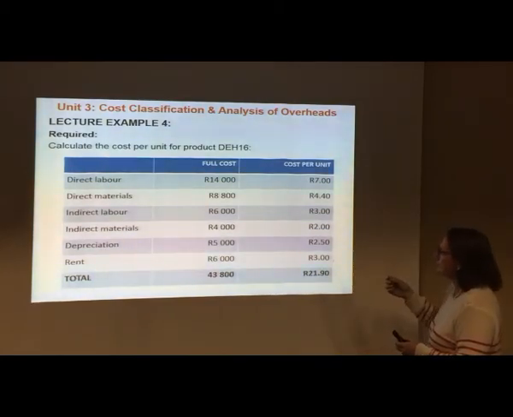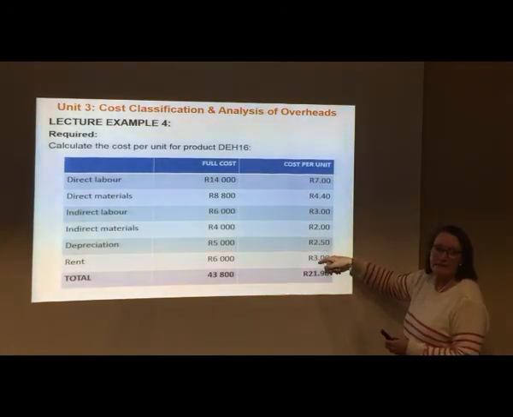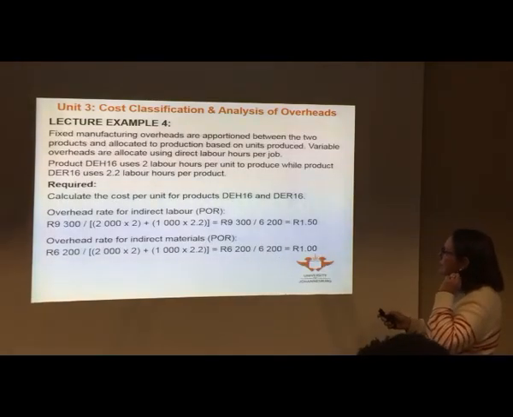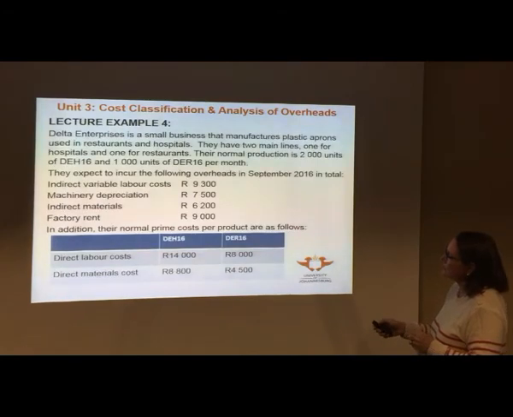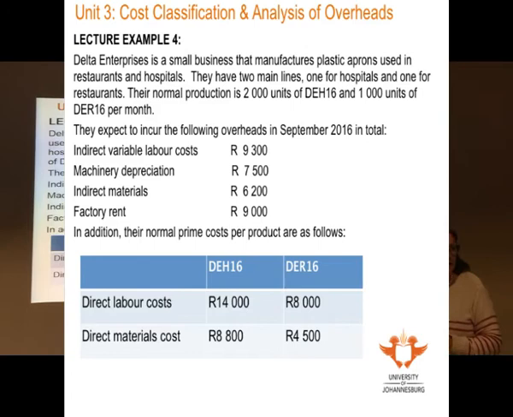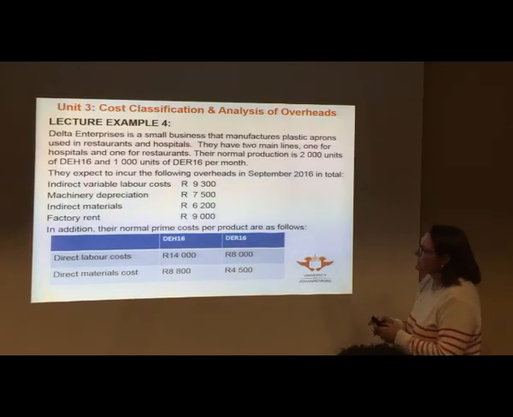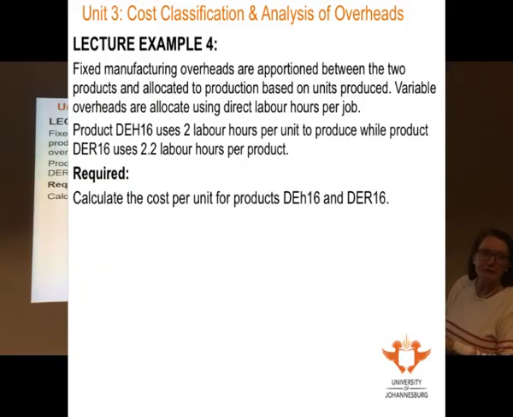And then the depreciation and the rent. Must I go over that again as well? Okay. Depreciation and rent. Here's your depreciation cost, 7,500. Depreciation is a fixed manufacturing overhead. It's allocated based on units of production.